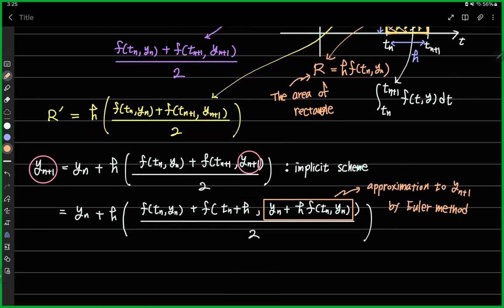Now this is equal to, by the way, that's how we got this, because this is t sub n plus 1.